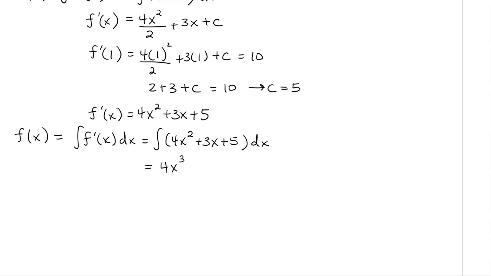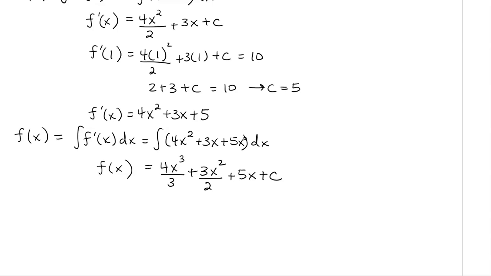We need to increase our exponent by 1 and divide by our new exponent. Second term has the constant of 3 that will stay there. We need to increase our exponent by 1 and divide by the new exponent. Final term has the constant of 5 that will stay there. We do not see an x, so we need to put 1, because that means there was an x to the 0. So we are increasing our exponent up to 1 and dividing by 1, which changes nothing. And of course, we will not be forgetting our constant of integration c.